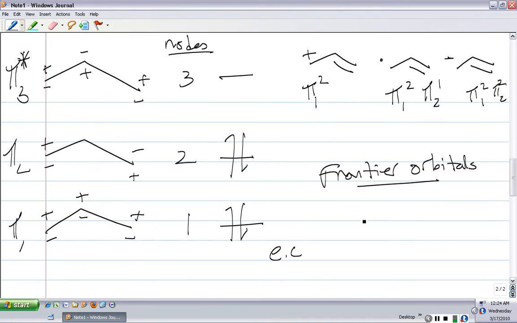You remember we use the terms HOMO and LUMO to describe these orbitals. HOMO is the acronym for highest occupied molecular orbital, and LUMO is the acronym for lowest unoccupied molecular orbital. And when a nucleophile donates an electron pair, it is donating the most energetic electron pair, and that is the electron pair found in the HOMO.